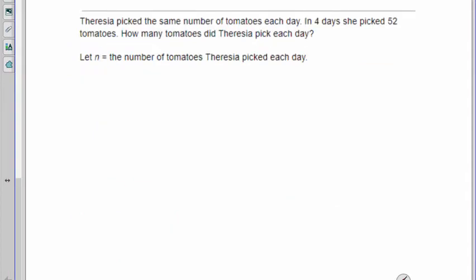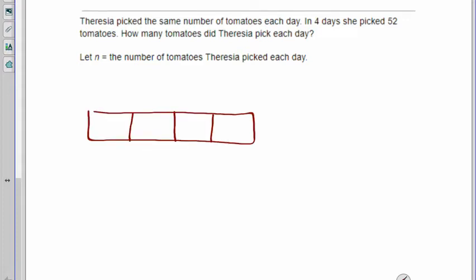All right, here's a problem for you to try. Teresa picked the same number of tomatoes each day. In 4 days, she picked a total of 52 tomatoes. And we want to know how many tomatoes she picked each day. So we have n equal to the number of tomatoes Teresa picked in 1 day, each day. And we have to find out what that is. So this time I'll draw a bar model.